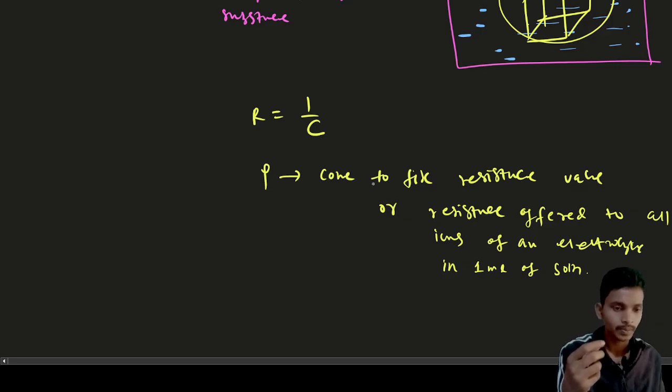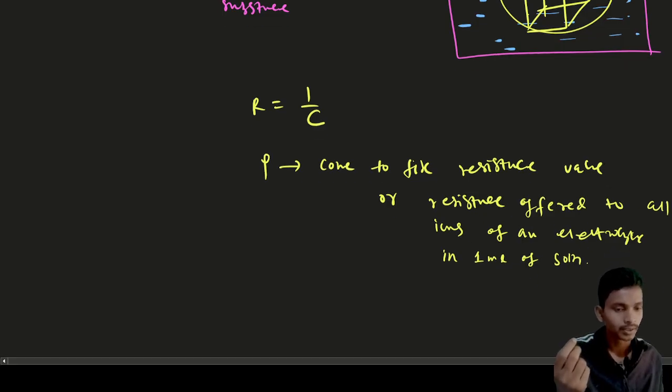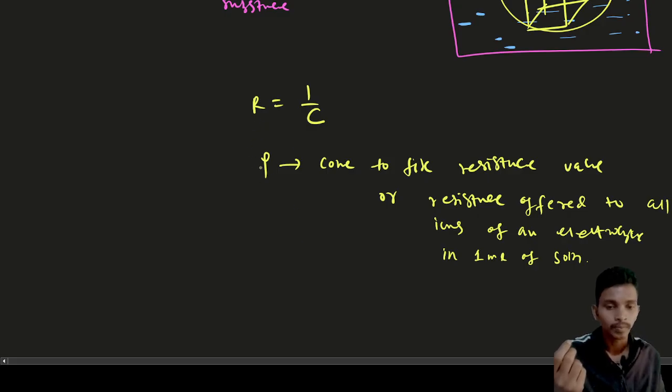This specific resistance comes to fix the resistance value, that is, the resistance offered to all the ions of an electrolyte in 1 milliliter of solution.